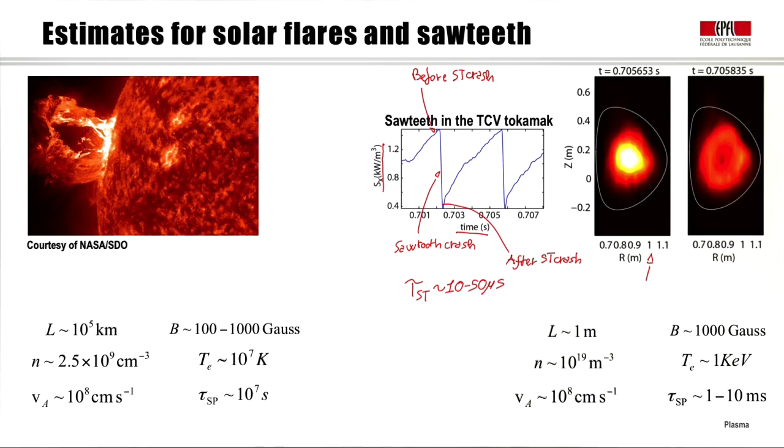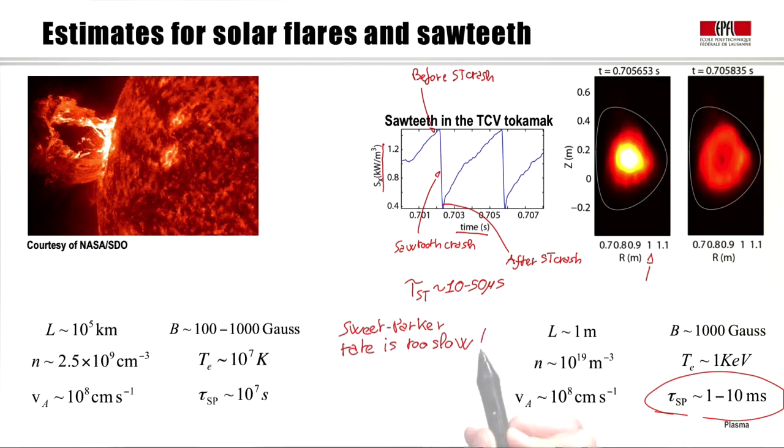If we estimate the Sweet-Parker reconnection time using typical values for TCV plasmas, we obtain a reconnection time of the order of 1 to 10 milliseconds, which is too large compared with the experimental values. In the two cases of magnetic reconnection that we have seen, the Sweet-Parker rate is too slow.